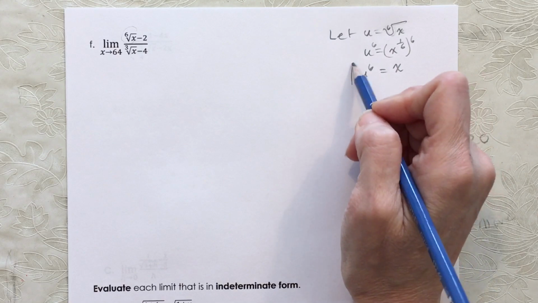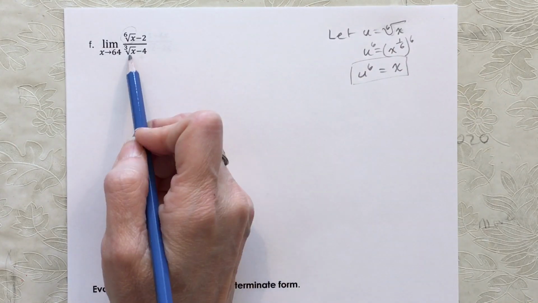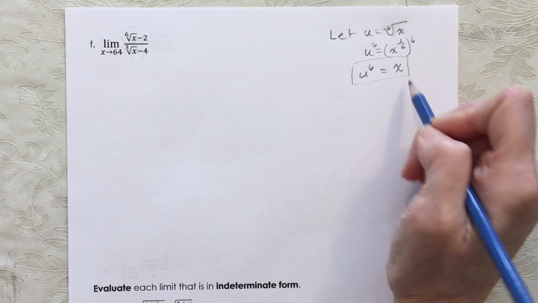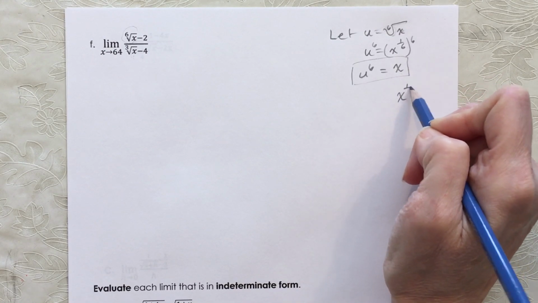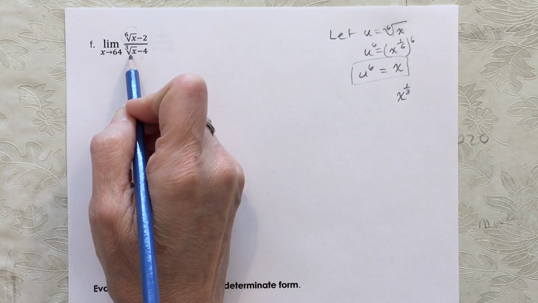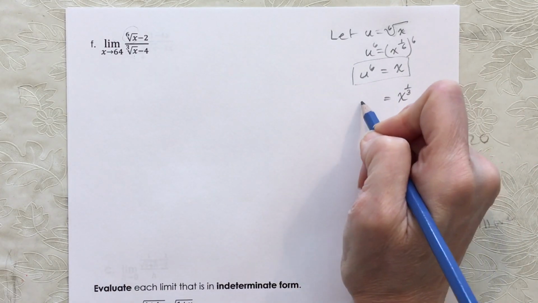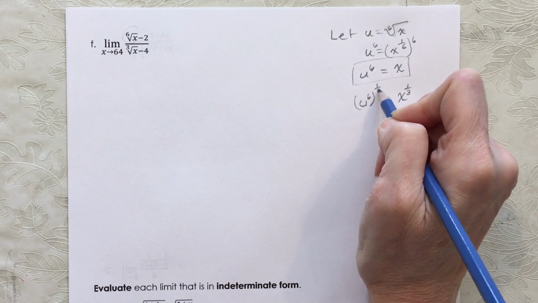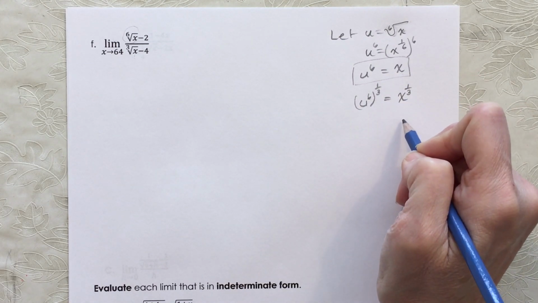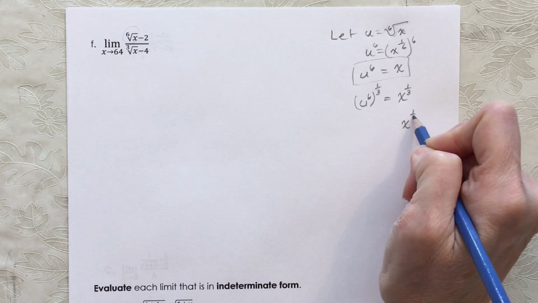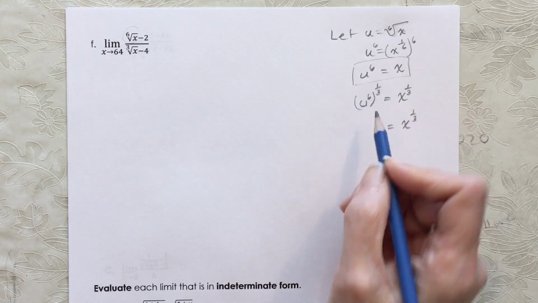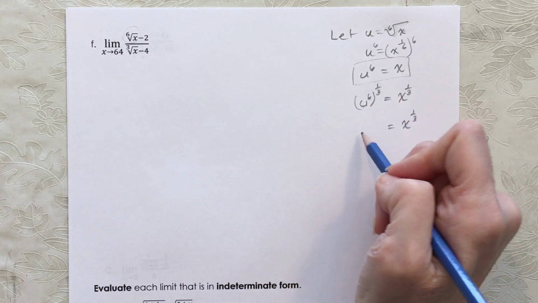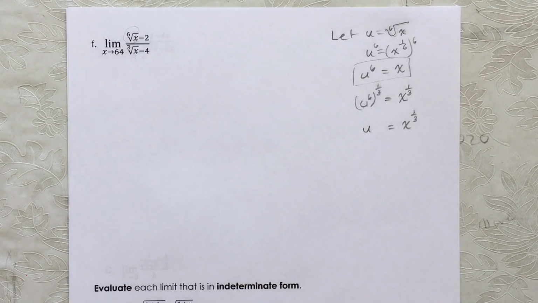Now, if we look at this as a defining equation, we also want to know what x to the 1/3 is. So if I put this side to the 1/3, because 3rd root of x is x to the 1/3, that means I also have to put the left side to the exponent 1/3. So x to the 1/3, power of a power, u to the 6 to the 1/3, you keep the base and multiply the exponents.